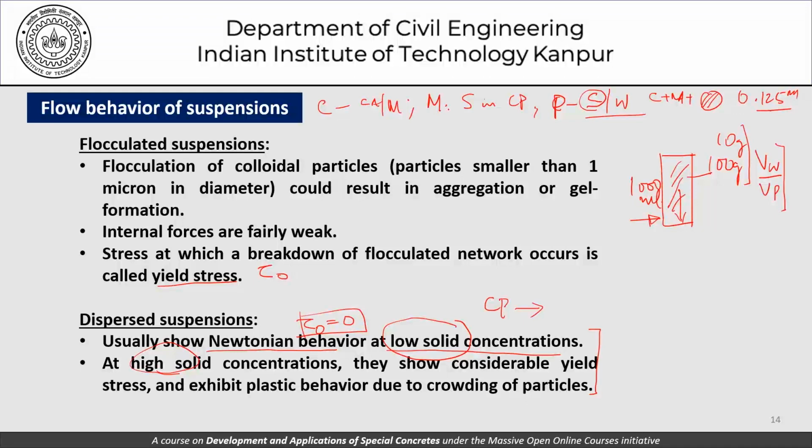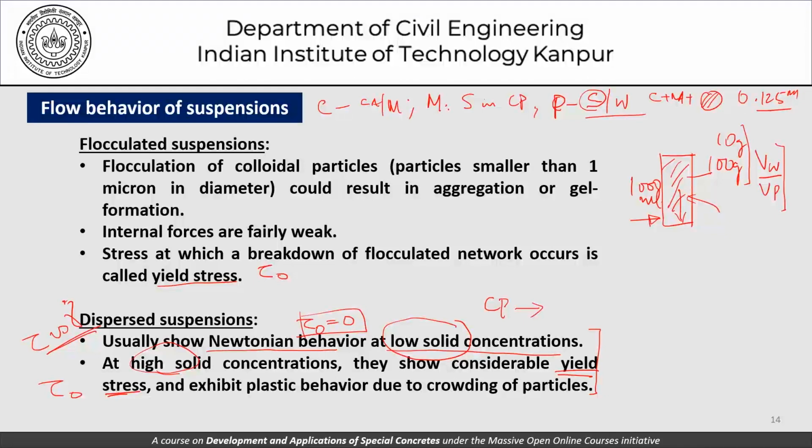But if we keep on adding more and more cement to this measuring cylinder, the paste would become more and more thick. And as the paste becomes thicker, it is intuitively clear that the deformation behavior will change considerably, and we would have the onset of some tau naught values when it comes to shear stress versus shear strain rate studies, which are typically done using rheometers, as we shall see later on.